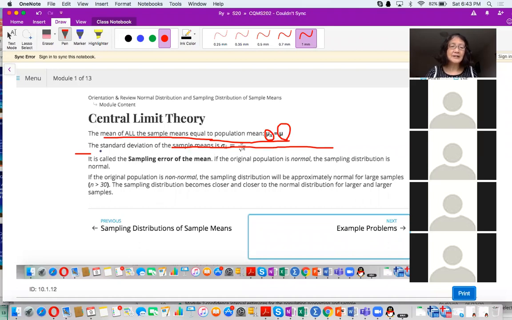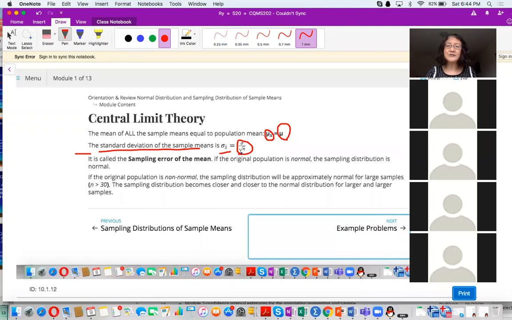And the second item in the central limit theorem says the standard deviation of the sample mean, sigma x bar, equals the population standard deviation sigma divided by square root of n.